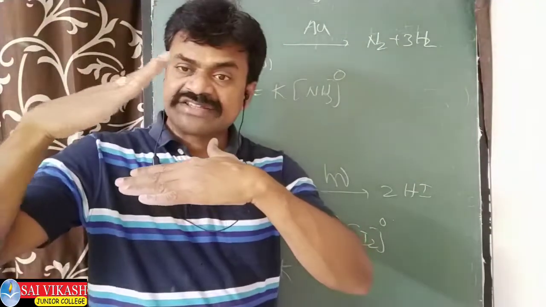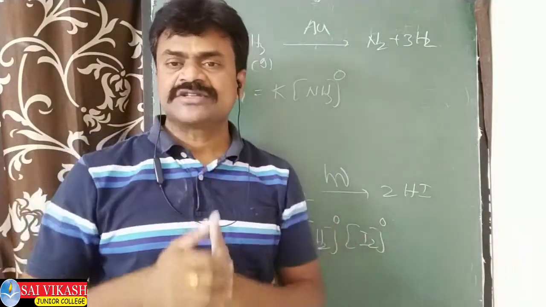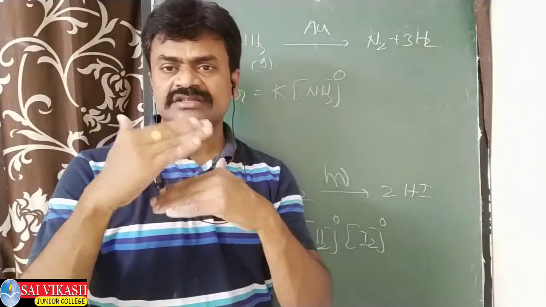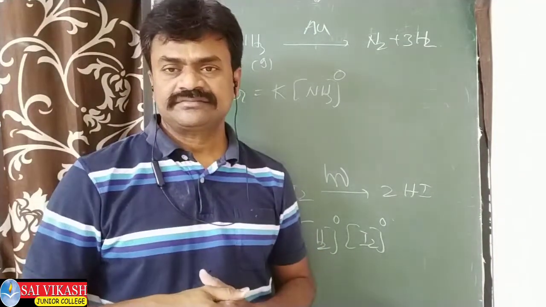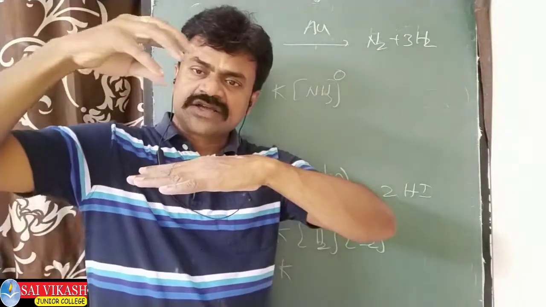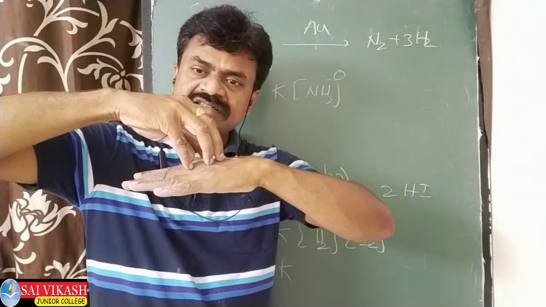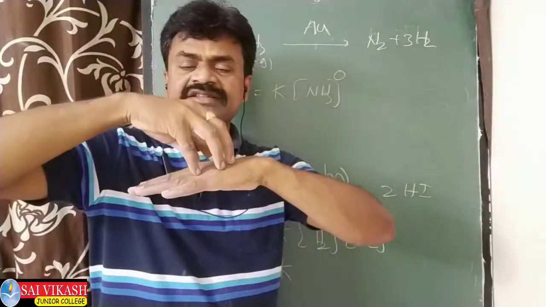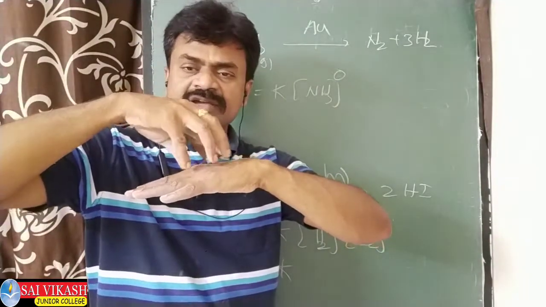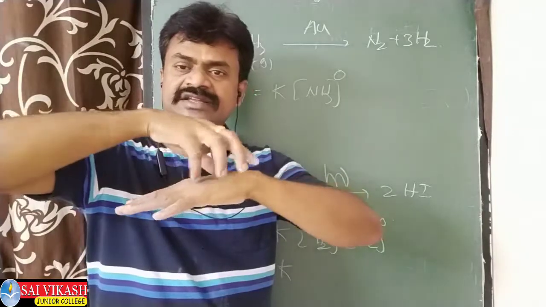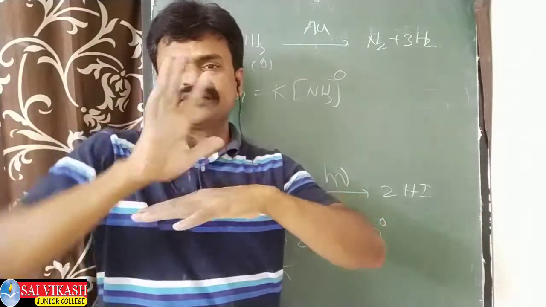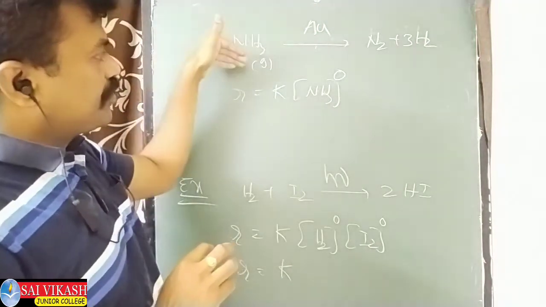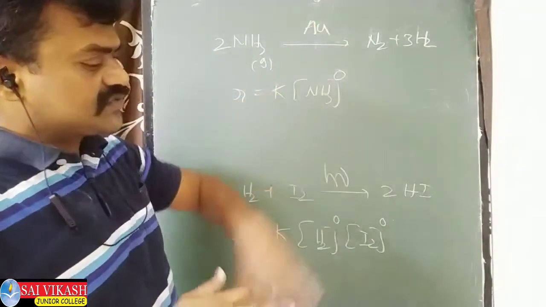This is called adsorption. It will come in the surface chemistry chapter, so the adsorption topic is important here. Any gas occupying any surface goes on at constant speed. We cannot increase the speed, we cannot decrease the speed, because we cannot do anything about the space. If any surface is given, we cannot increase or decrease the occupation.